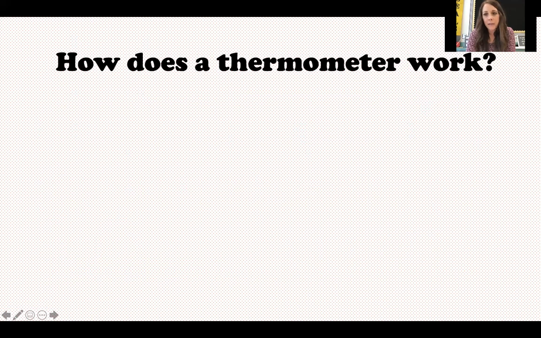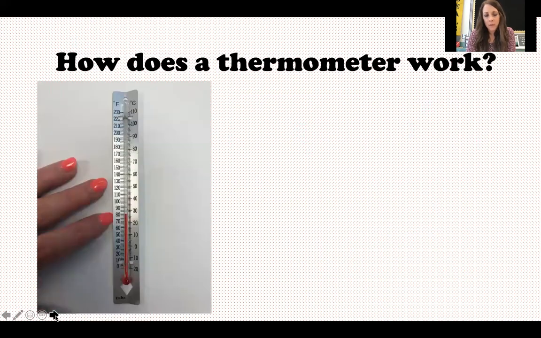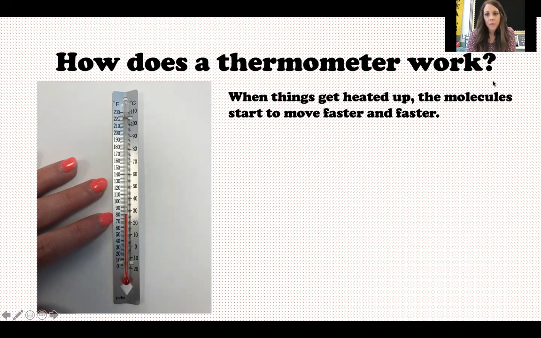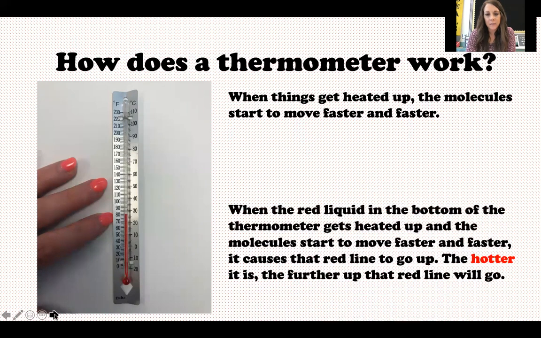So how does a thermometer work? Good question, Miss Seals. Here's a picture of the type of thermometer we use here in the science lab at Pershing Park. And it says, when things get heated up, the molecules inside start to move faster and faster.